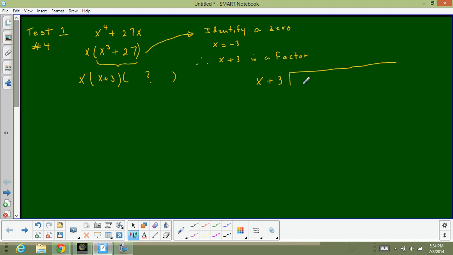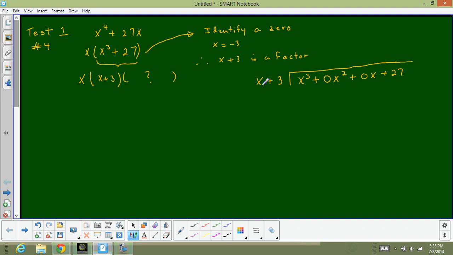Well, I'm going to write out the x cubed plus 27, and I'm going to include the x squared term by saying there's 0 x squareds in there. And I'm going to say that there's 0 x's in there. And then I'm also going to include, of course, the plus 27. So we're just going to do long division with these expressions and watch how this goes.